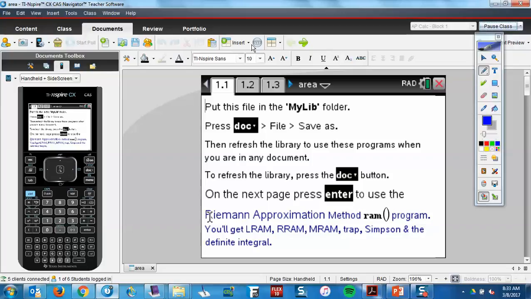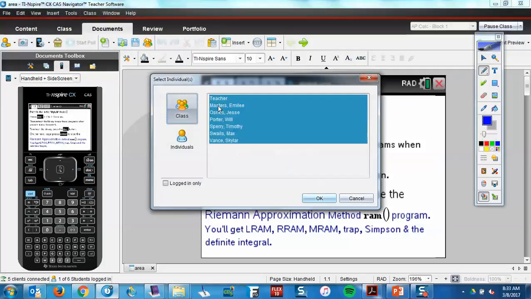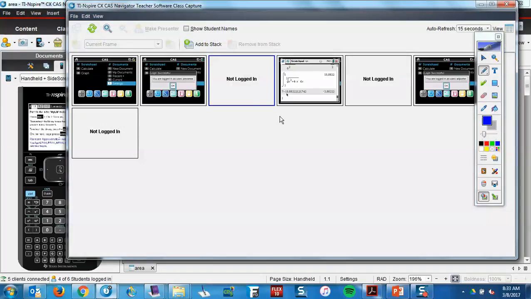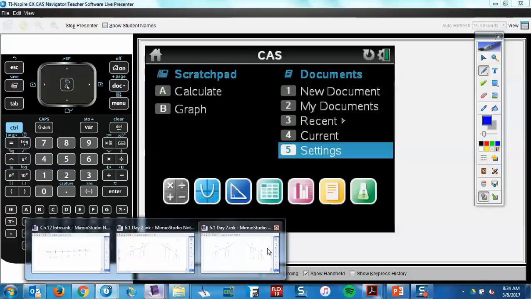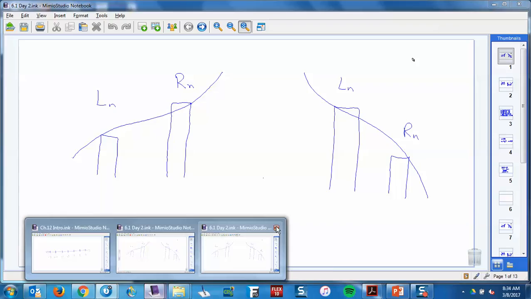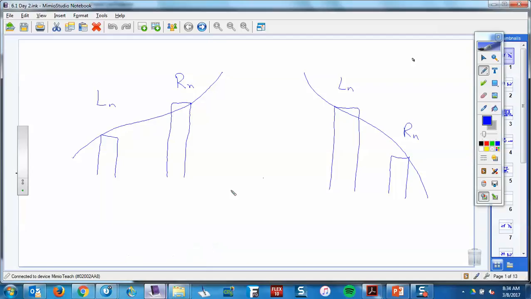All right, so were you able to log in? Only one person is logged in. Who's that? Max. Max is presenting. So let's move along here and let's get your homework out.